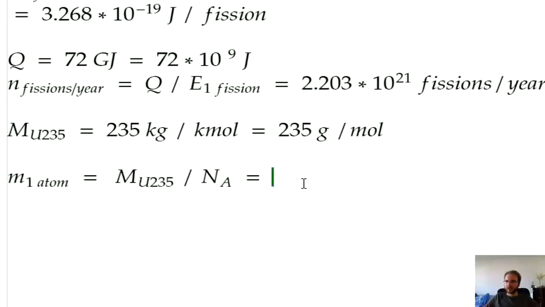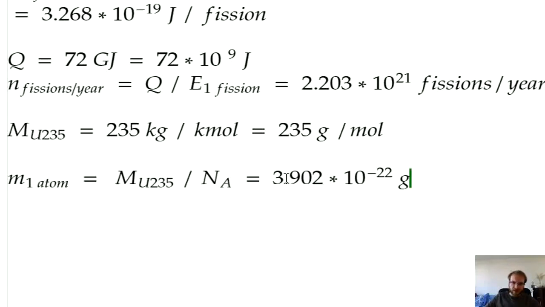So the mass of the single atom is 3.902 times 10 to the minus 22 grams, because we use the Avogadro number in moles and 235 grams per mole.